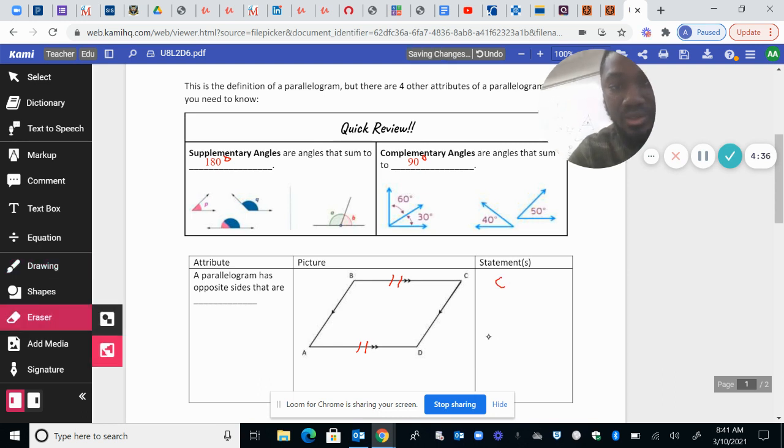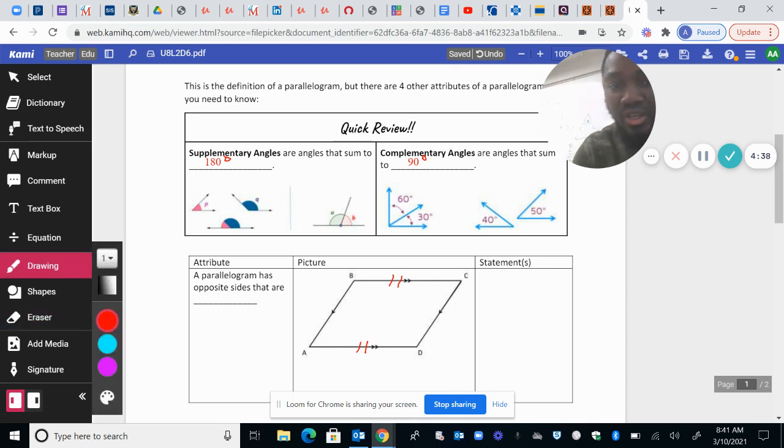Let me write it very well. I'm using my left hand, so that's why I needed to bend my screen a little bit. BC and AD. What do you observe? They have the same measurement. So since they have the same measurement, they are said to be congruent.